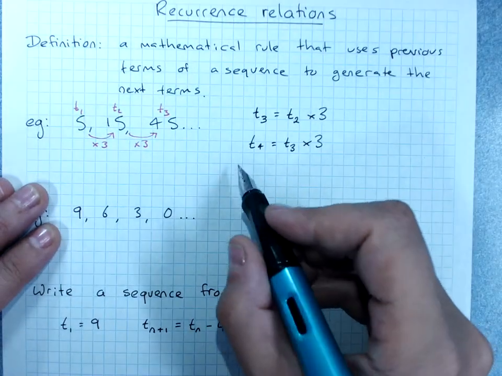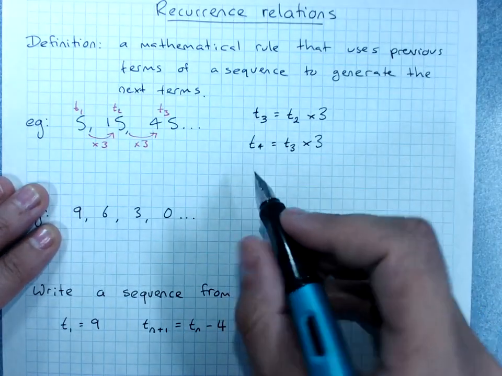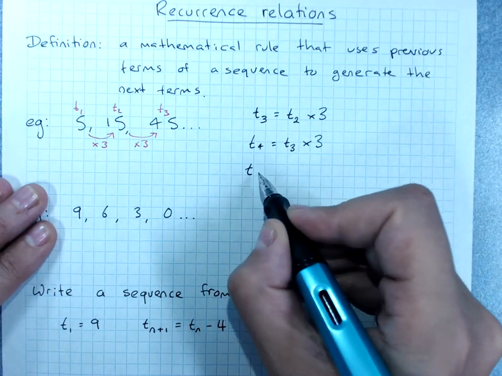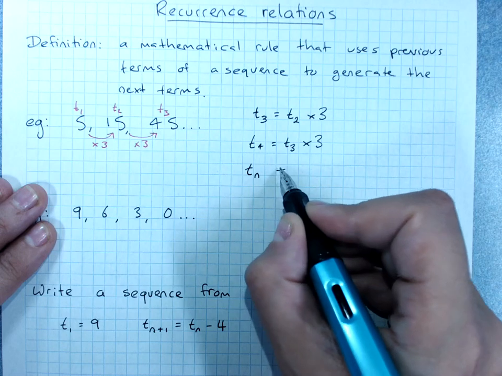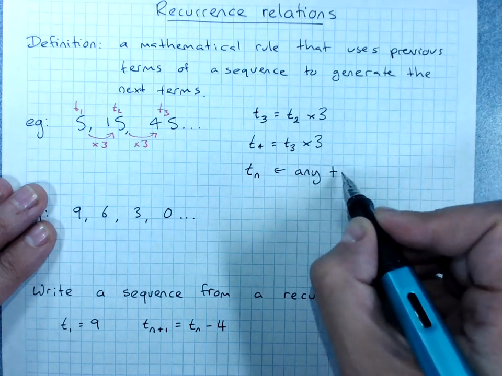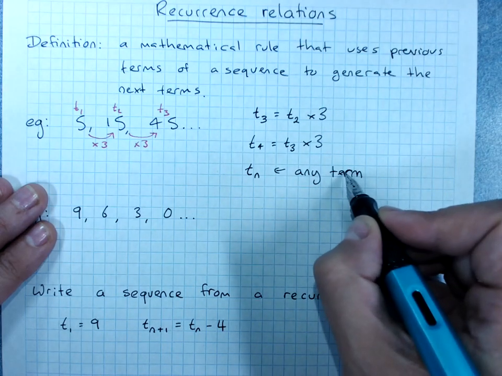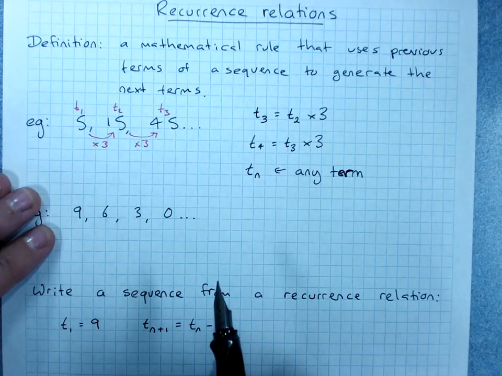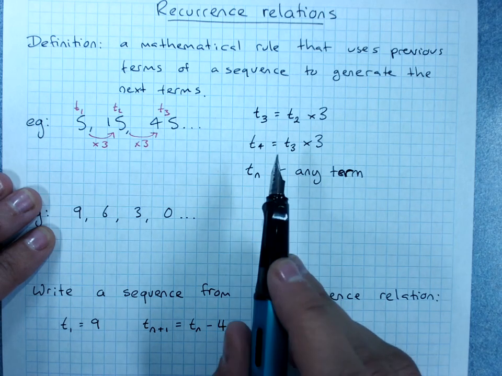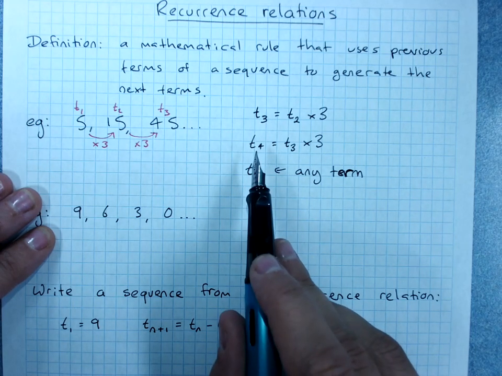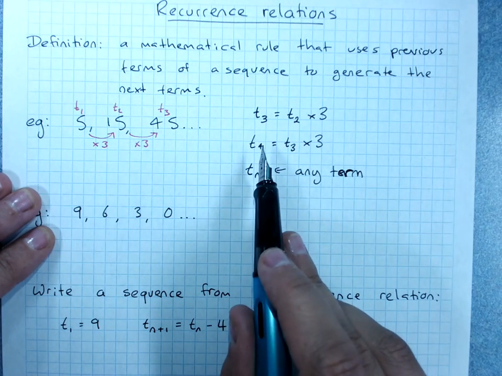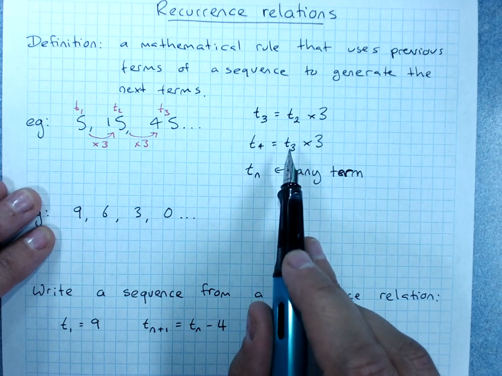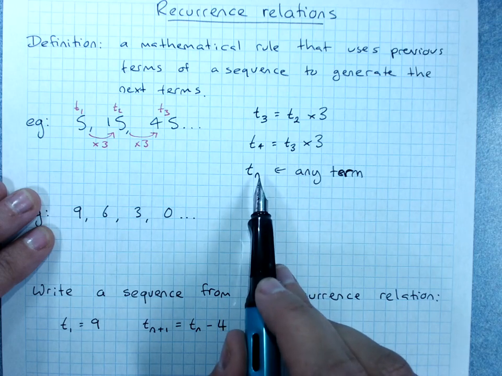Now, this is all very easy, but I want a rule that works for any term. And the way we write any term is Tn. Any term at any position of the number line. Now, if Tn was the term that I want, then the term before it has to be 1 less than that.